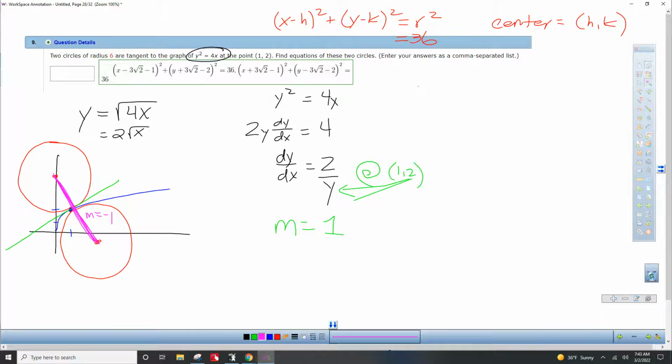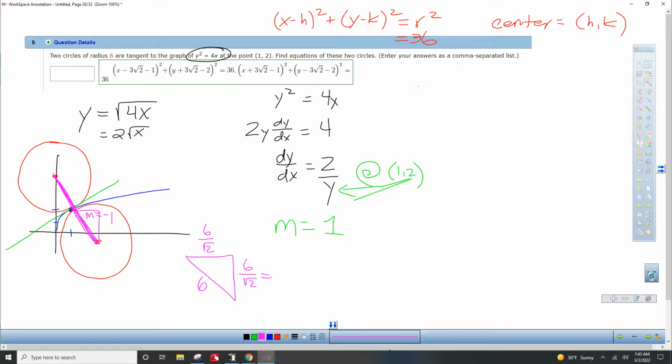So honestly, at this point, I'm going to stop doing algebra, I think. I know I've got to go right something and down something, and that the hypotenuse is going to be 6, right? So I can do this with a 45-45-90 triangle. If this is 6, then this is 6 divided by radical 2, and this is 6 divided by radical 2.